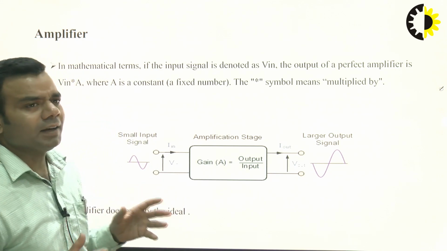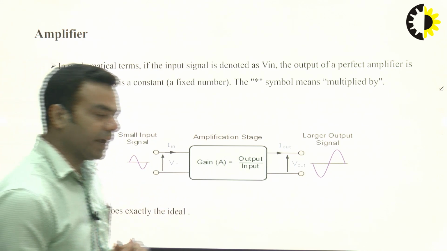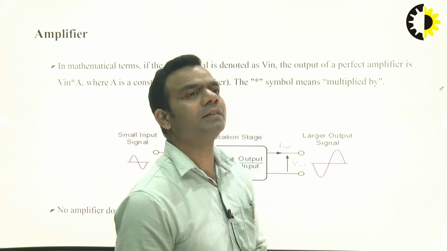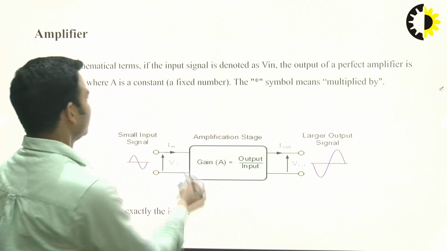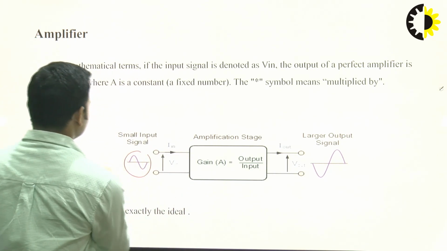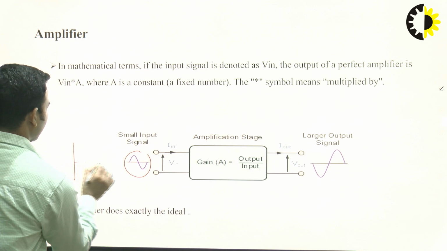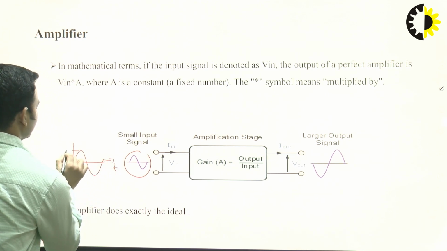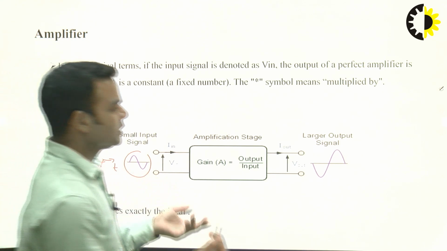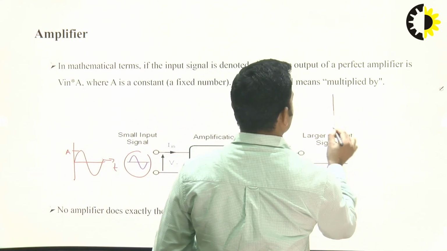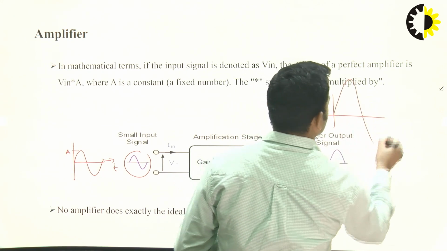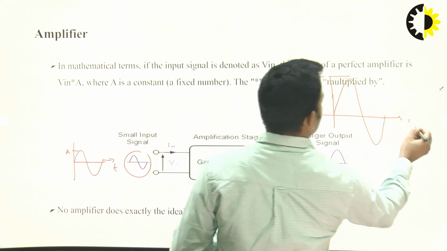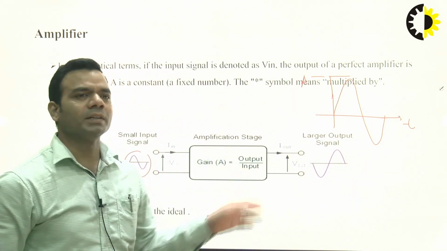So, first of all, let us see what are amplifiers. Any device which can amplify the signal will come under the amplifiers. Let us consider this is an input signal and you can see it very clearly that its amplitude is this much. So, if you want to increase its output, for example, if you want to get this much output, as you can see its amplitude has been increased. So, it will come under amplifier.